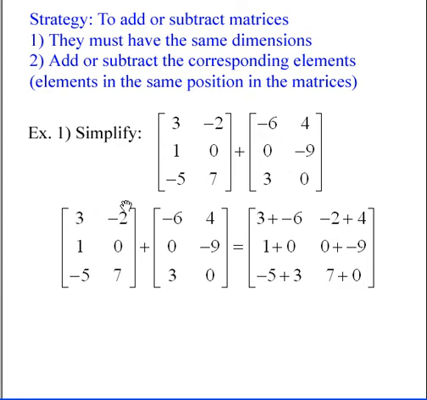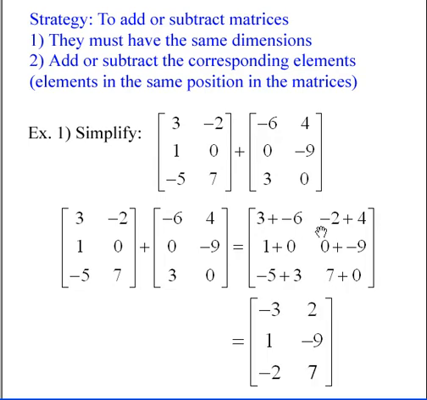So we're going to take the 3 and the -6, add them together because they're both in row 1, column 1, and we'll put that result in that same spot. Then we'll take the -2 and add it to the +4, which are row 1, column 2 of each, and put that in the row 1, column 2 of my resulting matrix. And then the 1 plus the 0 is in row 2, column 1, the 0 plus the -9, row 2, column 2, the -5 plus the 3 in row 3, column 1, and the 7 plus the 0 in row 3, column 2.